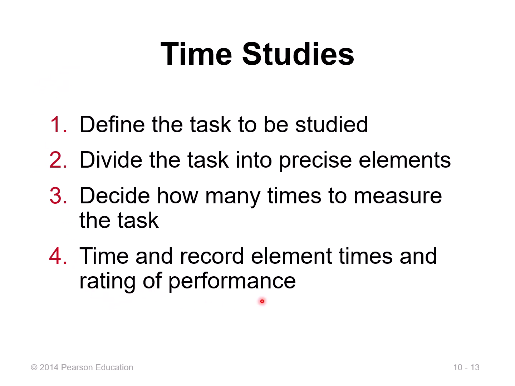So, in summary, again, historical experience is easy but unreliable, while time studies offer a more structured and accurate way to determine labor standards. By using precise measurement, businesses can optimize operations and improve productivity.